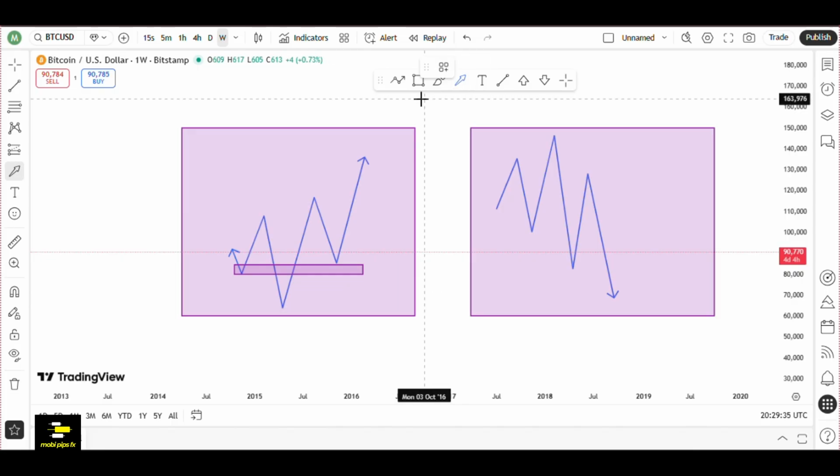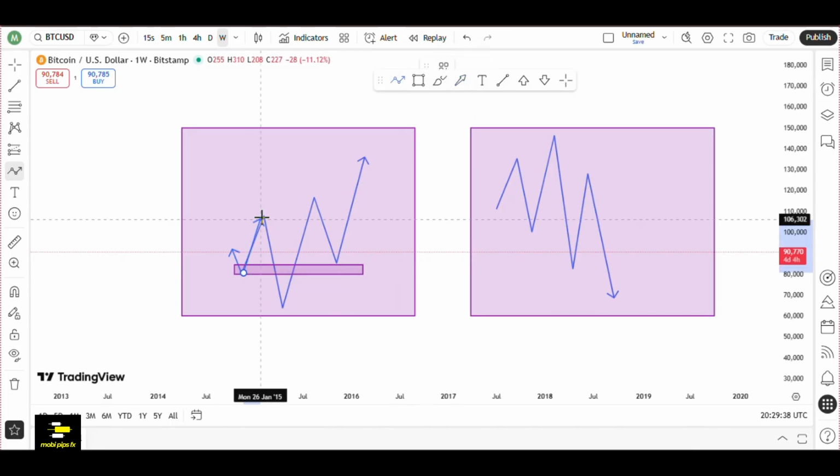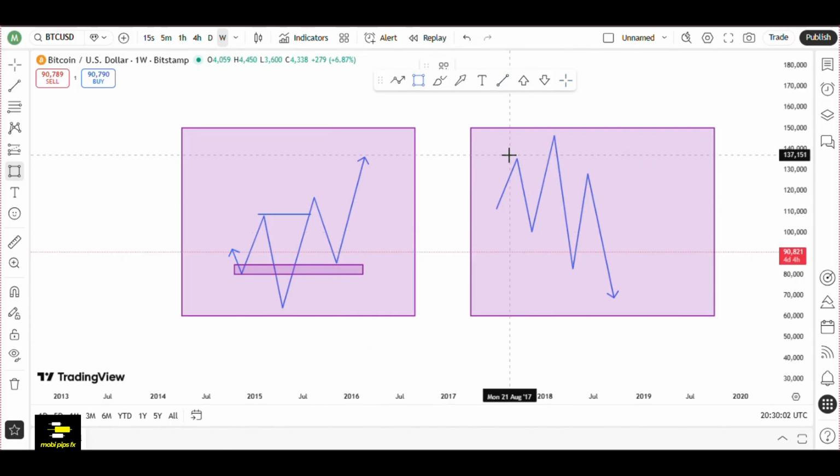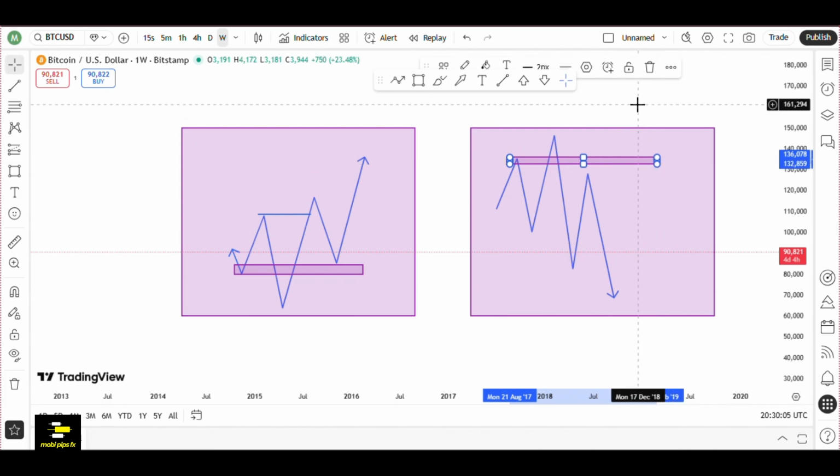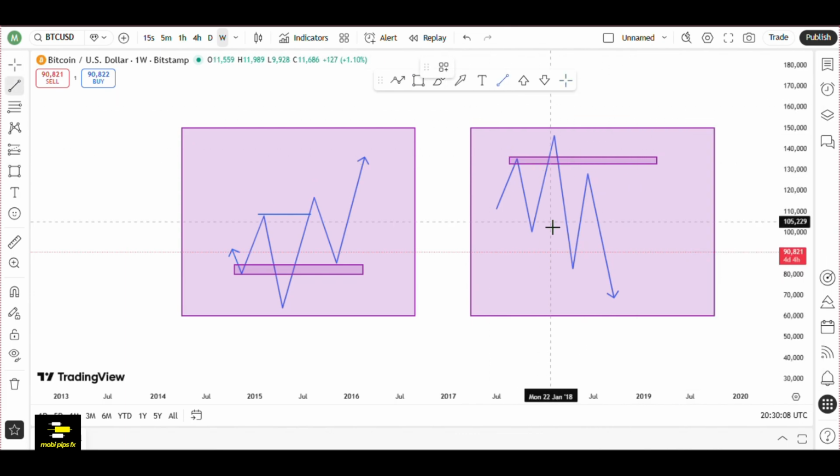Initially, we would have said that this is a strong demand zone, so we are expecting it to be like this. No, that's not what happens. Price takes out this zone, and this is our transactional liquidity. Same thing here. Price takes out this zone for the sell, and this is our transactional liquidity.